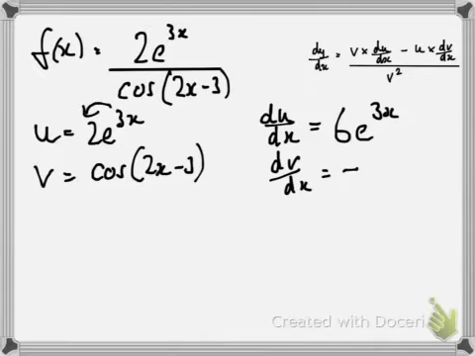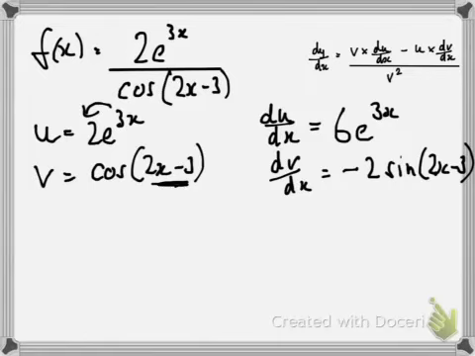Okay, so it's a negative out the front there. We get the derivative of the bracket, the derivative of 2x minus 3 is 2, sine, and the bracket stays the same. There we go. So we've got our u, our v, our du dx, and our dv dx.